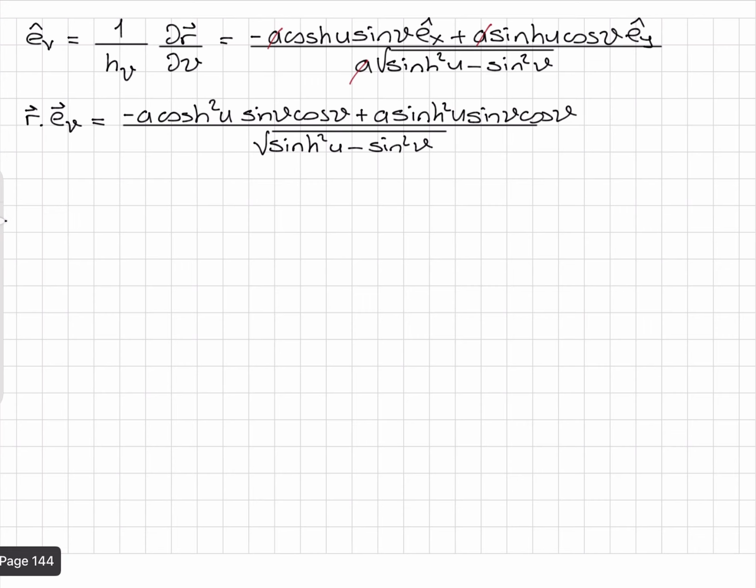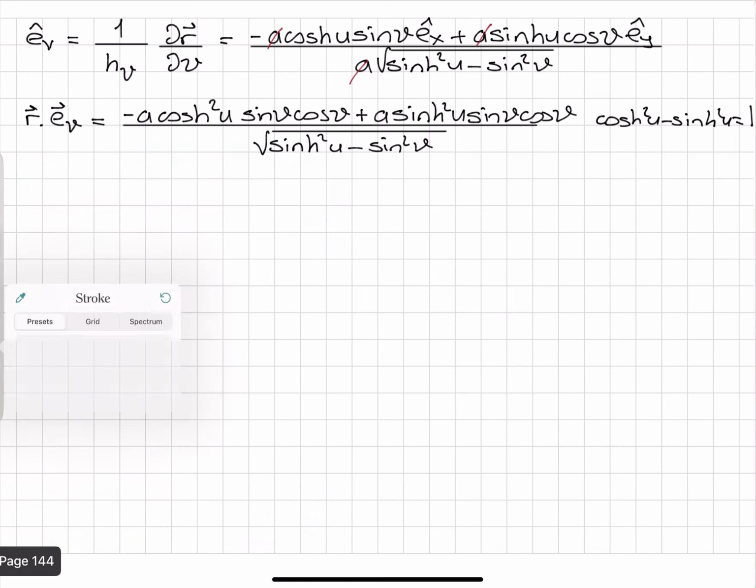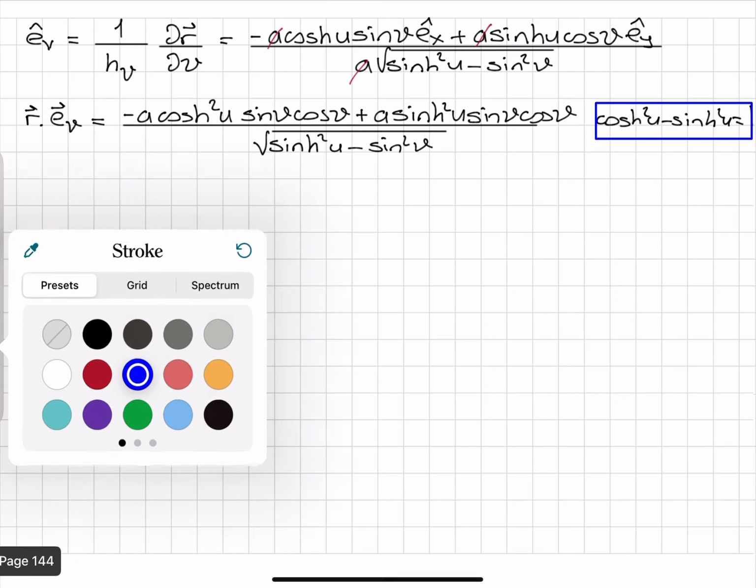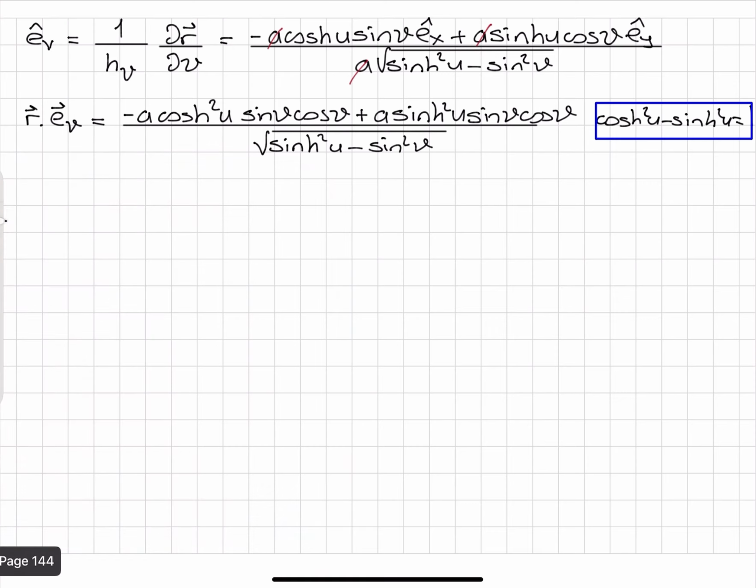And at this point, I'm going to recall that cosine hyperbolic squared minus sine hyperbolic squared is equal to 1. So we're going to apply it here. In the parentheses with minus a sine v cosine v, I get cosine hyperbolic squared minus sine hyperbolic squared.